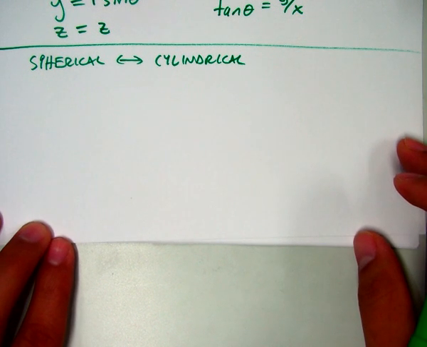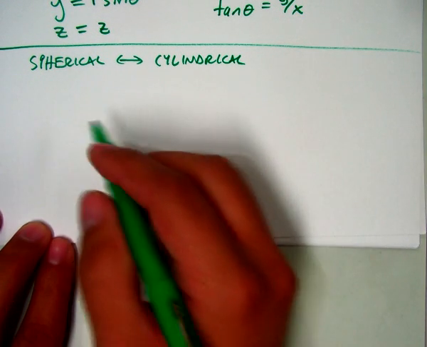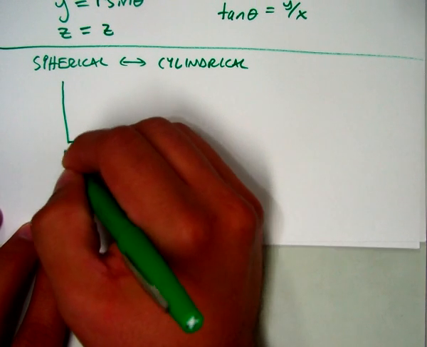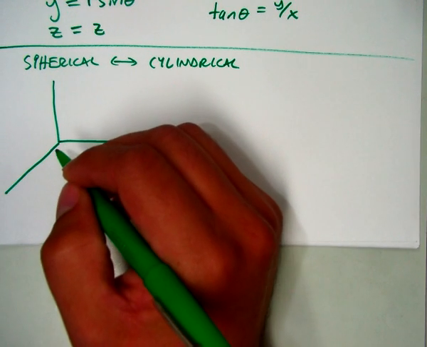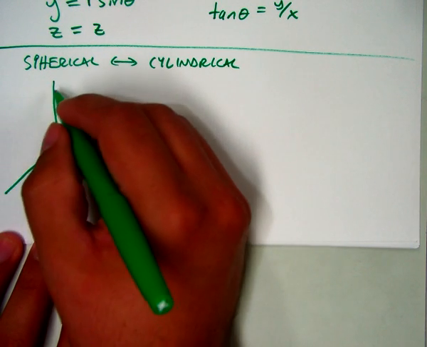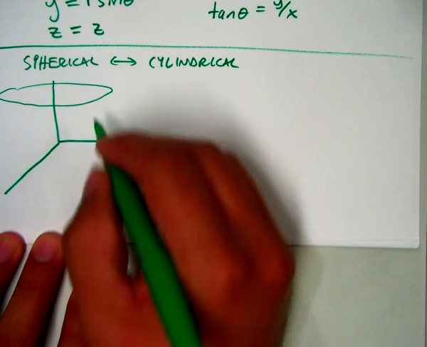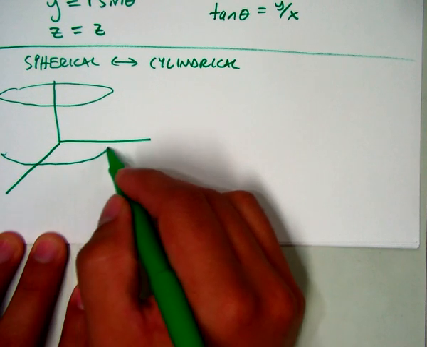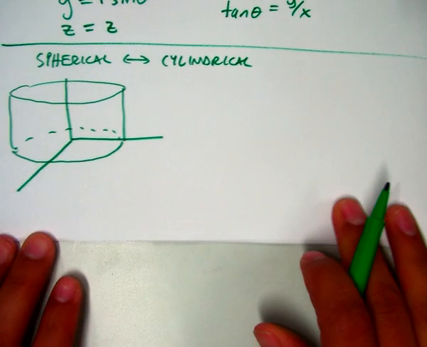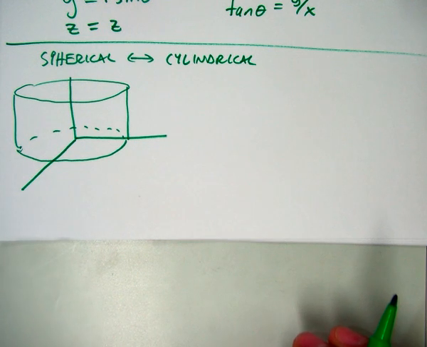So probably the easiest way to come up with these equations is to actually sketch a cylinder and then look at both ways of getting to that position that we're interested in. So here's my cylinder. And let's say we want to get here.